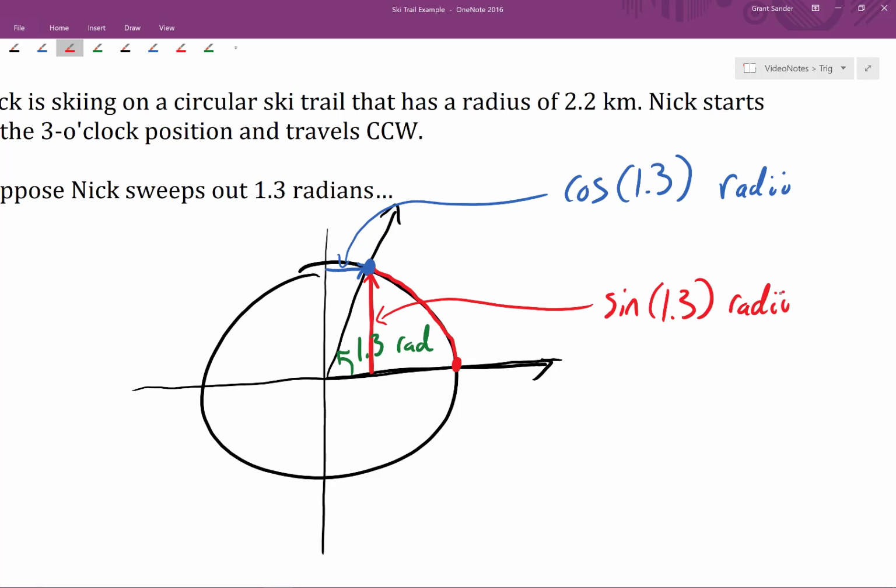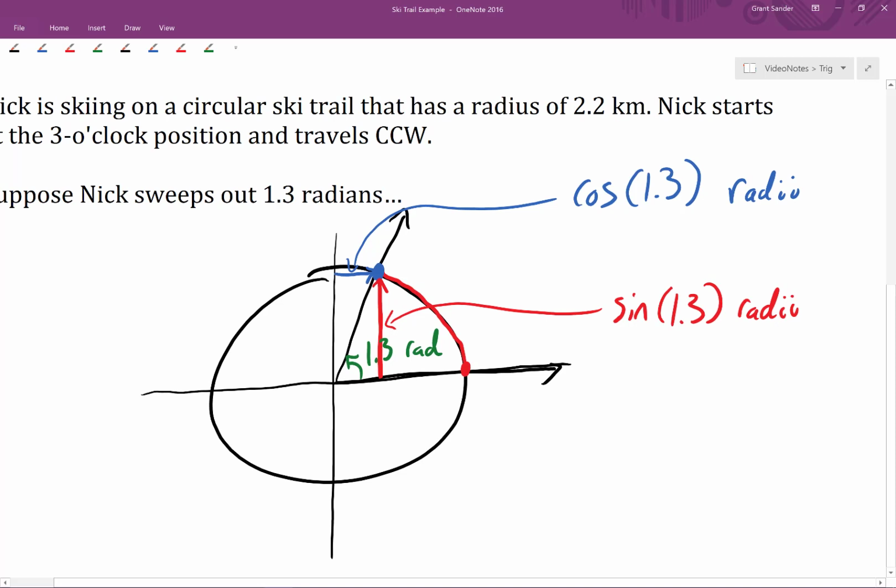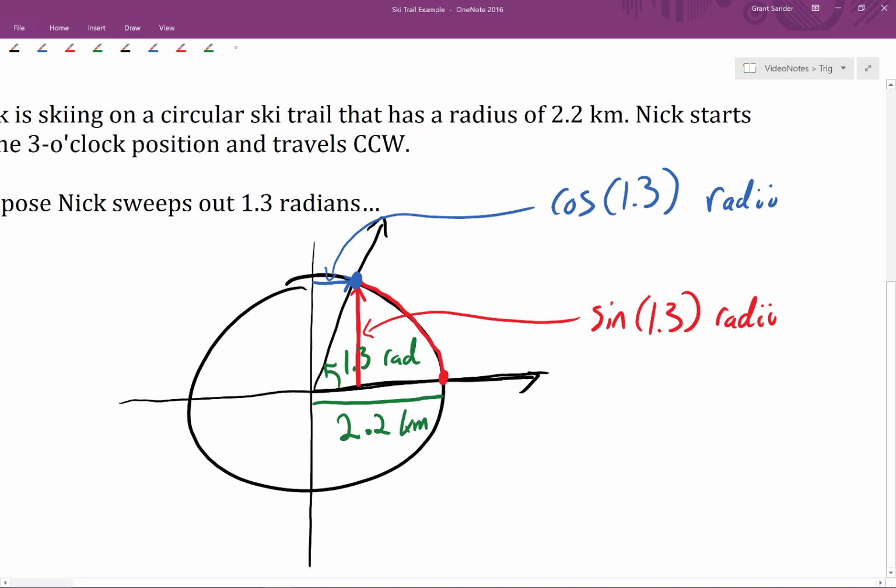So instead, you'd probably want to communicate it as a number of kilometers. So recall that the radius of the circular ski trail is 2.2 kilometers long. And so if Nick is cosine of 1.3 radius lengths to the right of the center of the circle, and the length of the radius is 2.2 kilometers, then he will be cosine of 1.3 times the 2.2 kilometers.